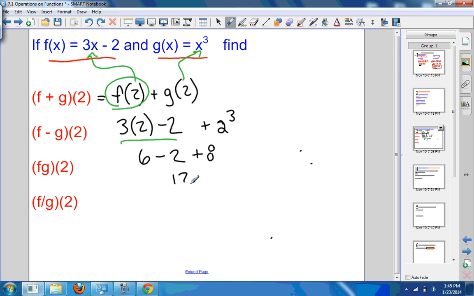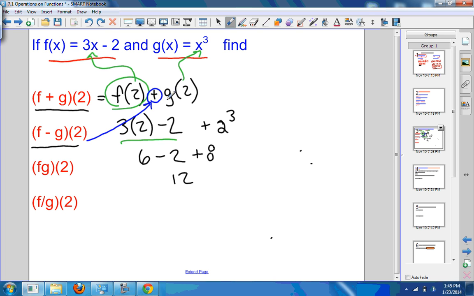So if I add together the functions f of x and g of x and plug in 2 to them, I'm going to get 12. All right. Subtraction is going to be the same thing, except my sign right here is going to change. I'm going to make that minus, but it's going to be the exact same process.